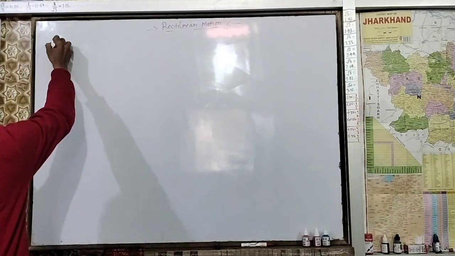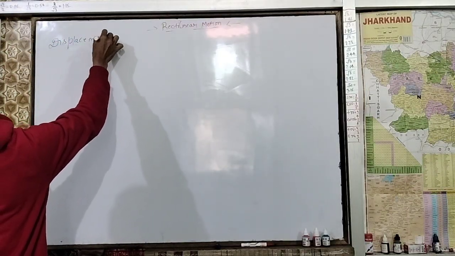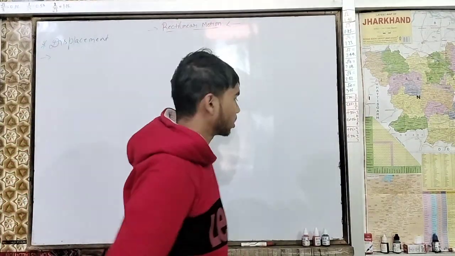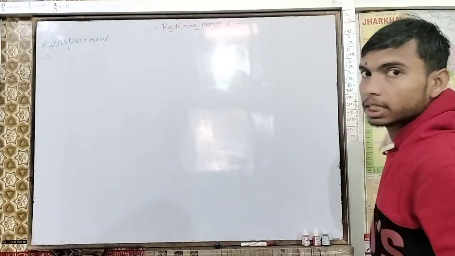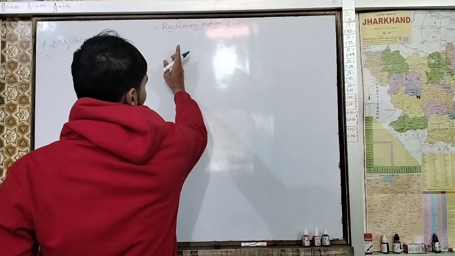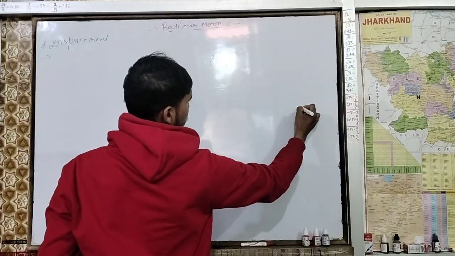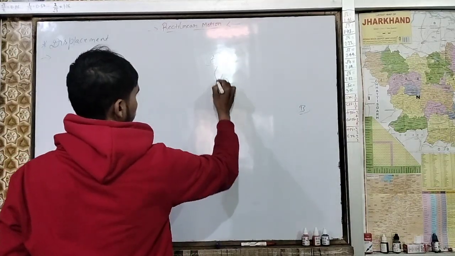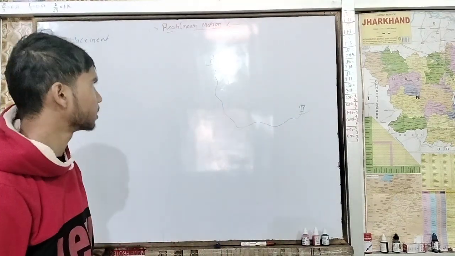Now we have displacement. For displacement, we don't care about the actual path. We only take a straight line. For example, this is person A, and this is the home of person B. Now there is a road like this, not a road but straight.